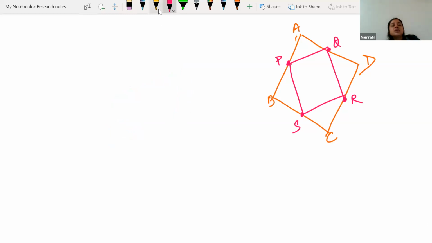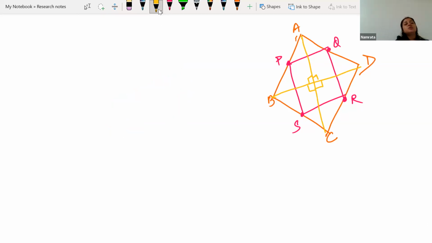Now since ABCD was already given as a rhombus, we already have one piece of information in hand, that is, four sides of this rhombus will be the same, and the diagonals of this rhombus will bisect each other at right angle. First thing first, we are going to prove PQRS is a parallelogram.